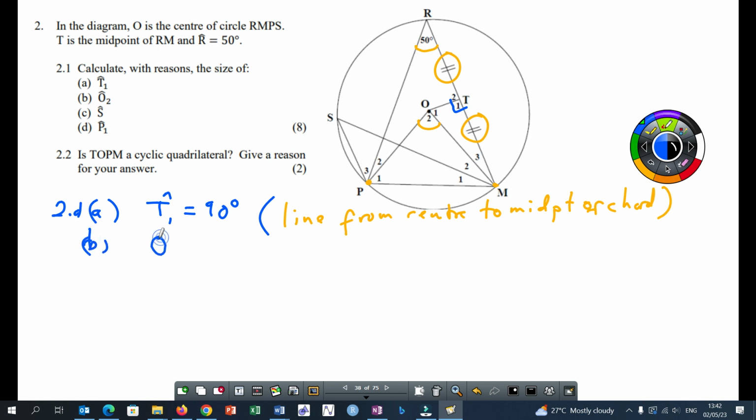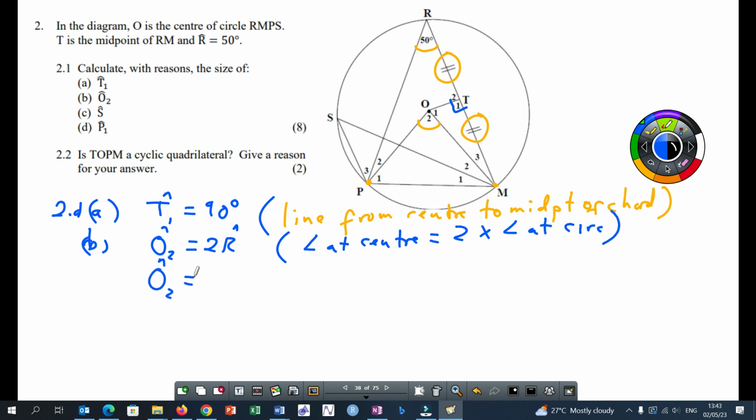So angle O2 is going to be equal to 2 times angle R. And our reason there is angle at center is equal to 2 times angle at circumference. So angle O2 is going to be 2 times 50 degrees, which is equal to 100 degrees.